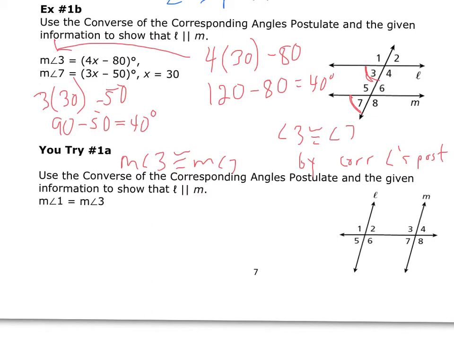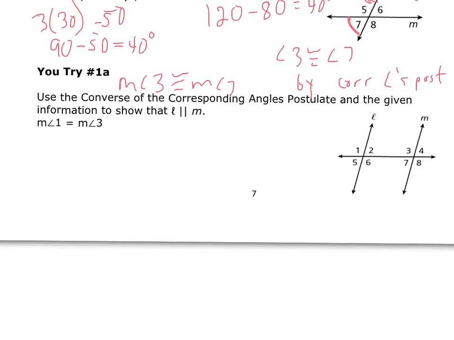This last example is similar to the first one. We want to prove that measure angle 1 equals measure angle 3 and that makes L parallel to M. Once again, it says 1 is equal to 3, and once again those are corresponding angles.